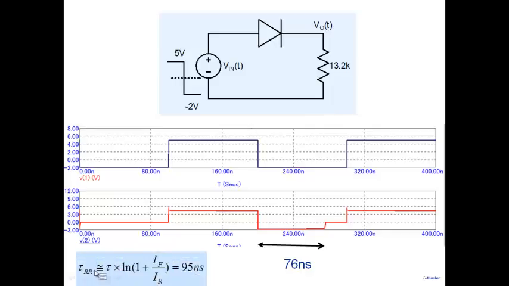How much is this? Tau ln(1 plus IF by IR) gives me 95 nanoseconds. This is approximate because I've assumed the diode drop to be exactly 0.7, which may not be exact. I made some simplifying assumptions here, but it's reasonably close for a very crude calculation. 95 here and 76 here. If I take in the diode drops properly, and note also, can you see here there's a little bit of change in current?